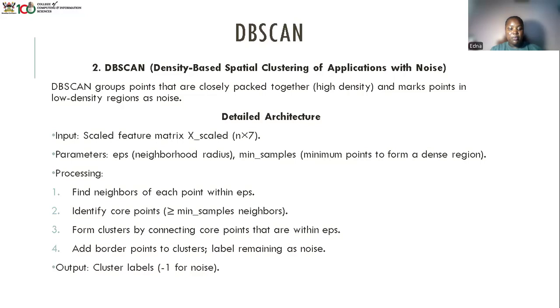We identify core points that have greater than or equal to the minimum number of neighbors required to form a dense region. We form clusters by connecting the core points that are within the neighborhood radius. We add border points to the clusters and label the remaining as noise. So our output is the cluster labels, and negative one is for noise.